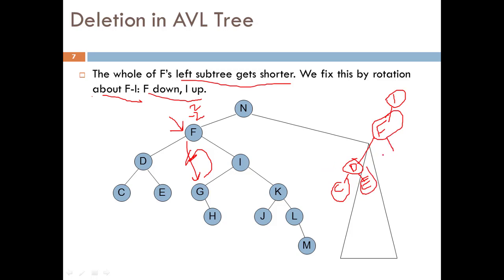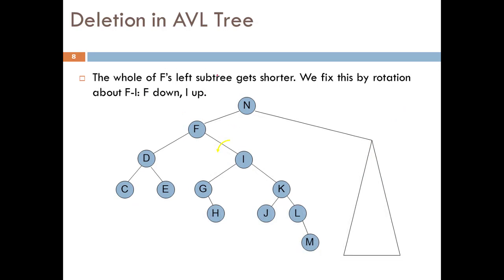What will be the right child of F will be this left child of I. So G and H should be the right child of this F, like this one, and I will have K and the rest of the tree, whatever is there. Okay, so making this again, the left portion of N will be one shorter than the right portion. Again we need to perform the final rotation starting from this point.